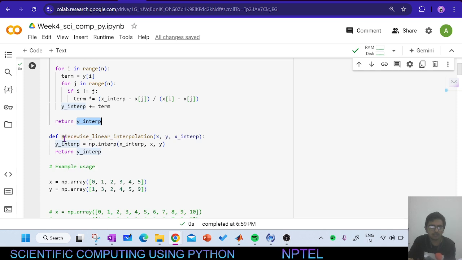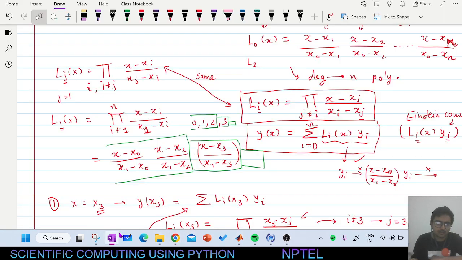And then the second function is just piecewise linear interpolation, which we discussed earlier, right?